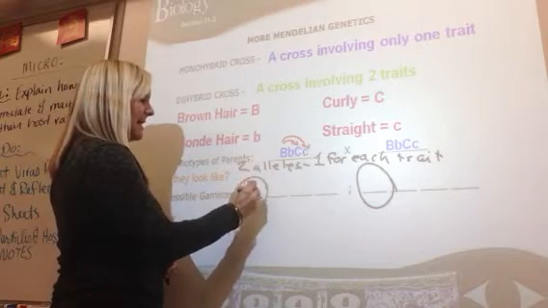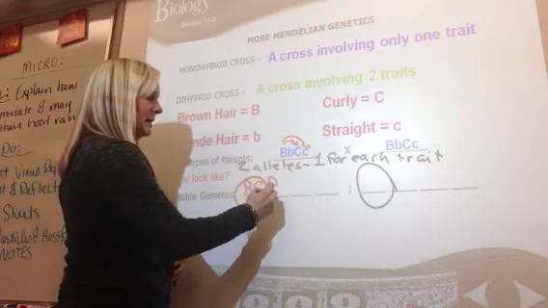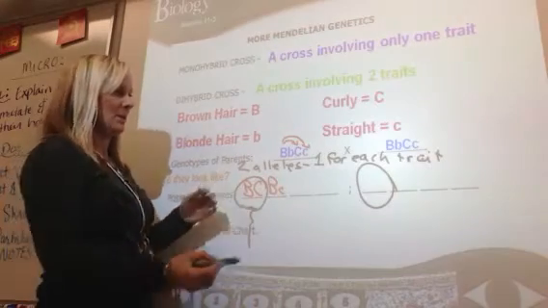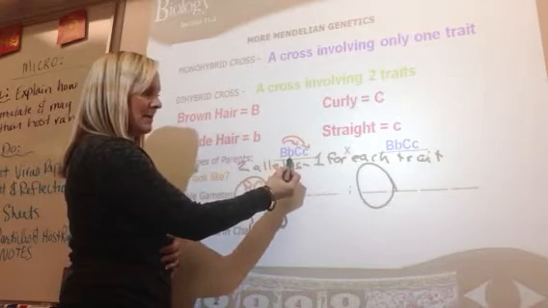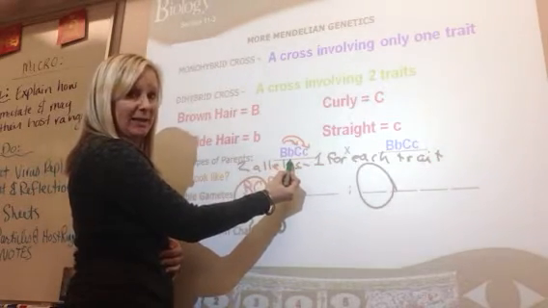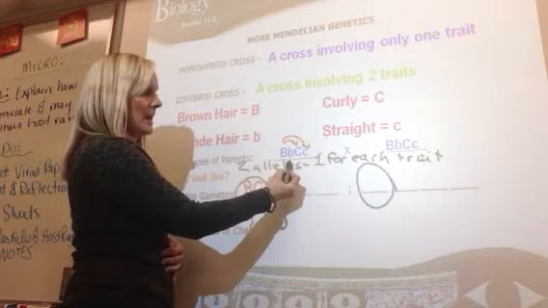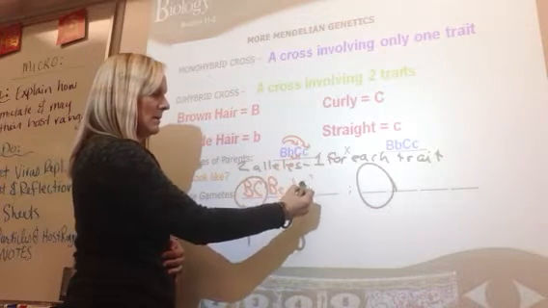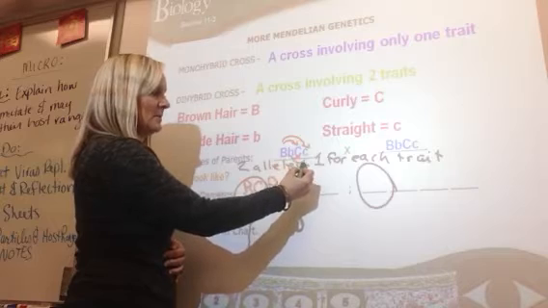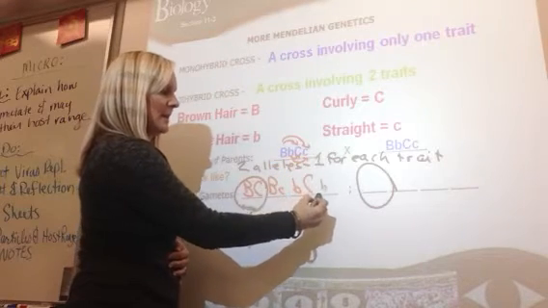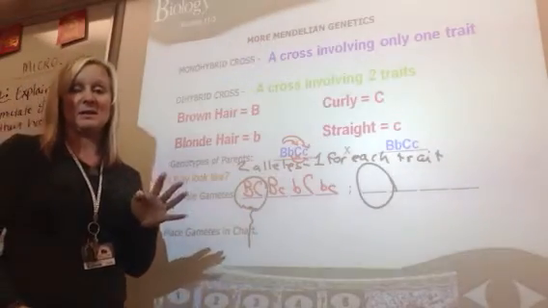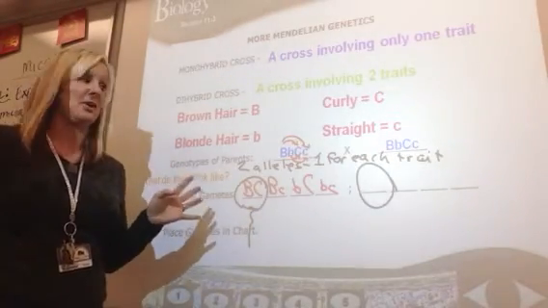So I'm going to write down capital B, capital C, capital B, and a lowercase c. Okay? Now, the ones that cross the bottom, now I'm going to use my second allele for hair color. And I'm going to cross the lowercase b with the capital C. And I'm going to cross the lowercase b with the lowercase c. So those are my four different gametes that the father could make.